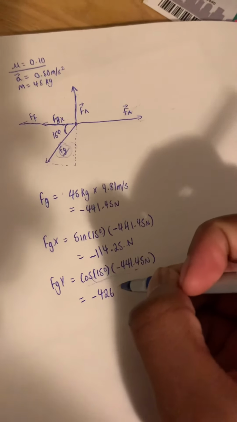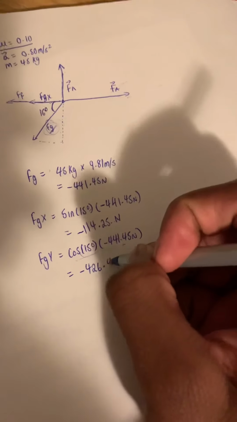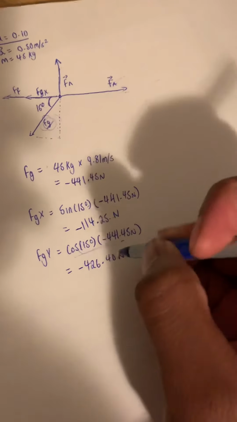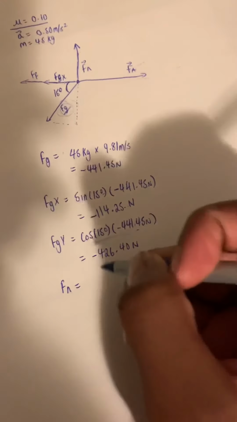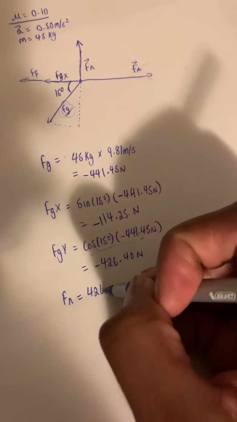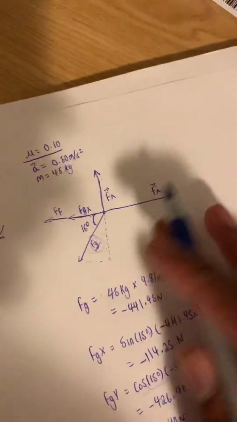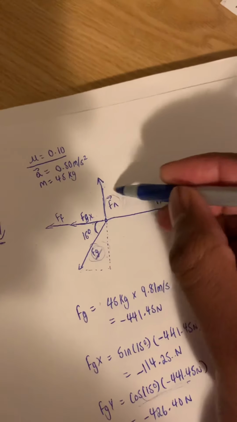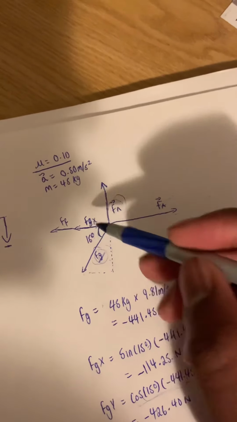Your answer is negative 426.40 newtons. So that means our normal force is going the opposite way, which is just 426.40 newtons. So now we have figured out this component, this component, and this component.